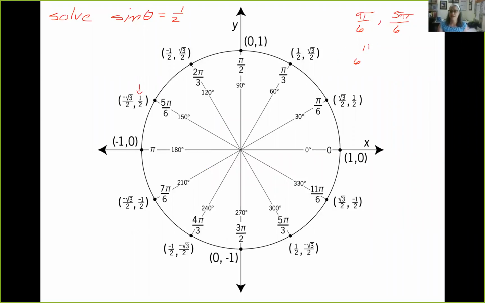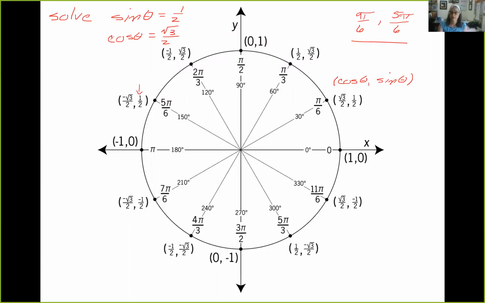But what I want you to understand is how I got to these two angles. So what I did was I found the angle that had a y-coordinate of 1/2, because the y-coordinate is the sine. So what if I want to find the angles whose cosine is square root 3 over 2?